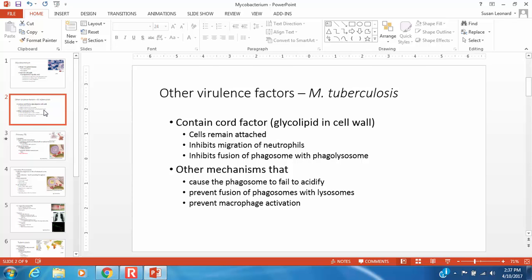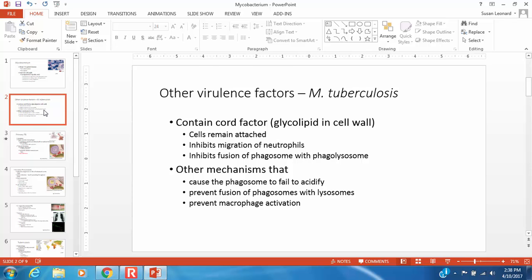And cord factor is actually part of the acid-fast cell wall. It's a glycolipid. And we know the organisms that are mutant for cord factor, that don't have cord factor in them, we know they're avirulent. So they don't cause disease if they don't have cord factor. So this is an extremely important virulence factor.